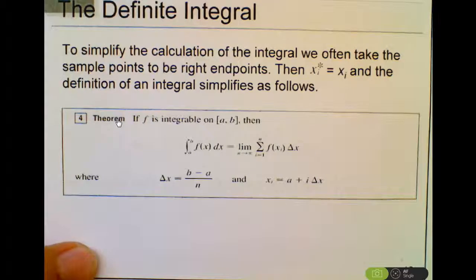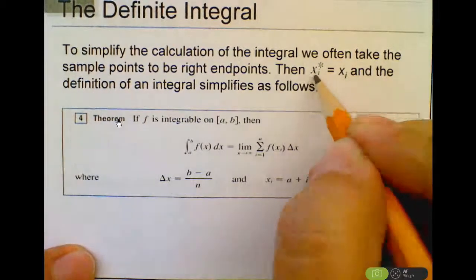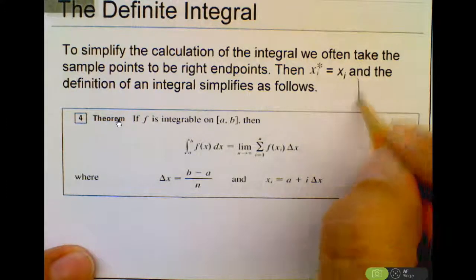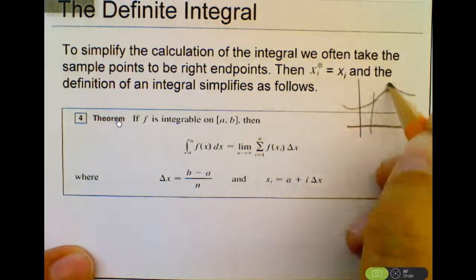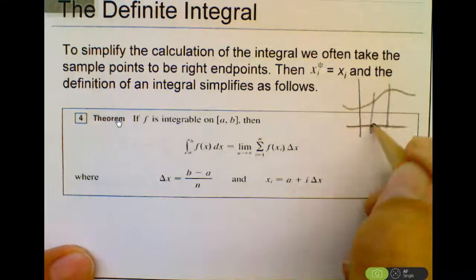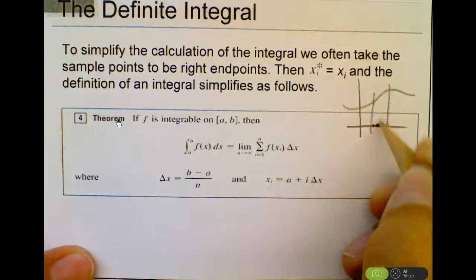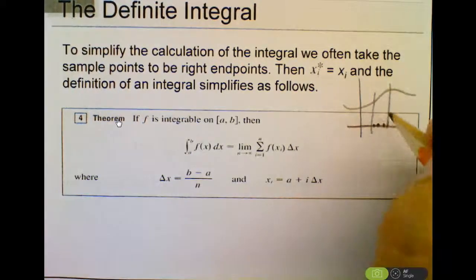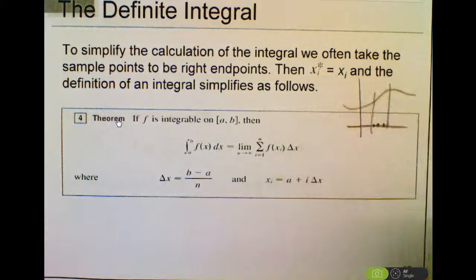So rather than just leaving this x sub i star as any sample point, remember, if I have a function and I'm looking at this rectangle, I can pick any x that I want in the base of the rectangle to define the height of the rectangle.